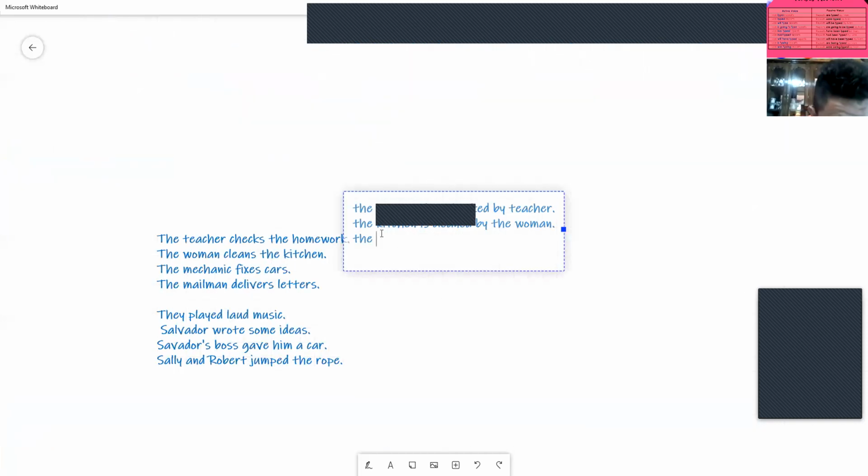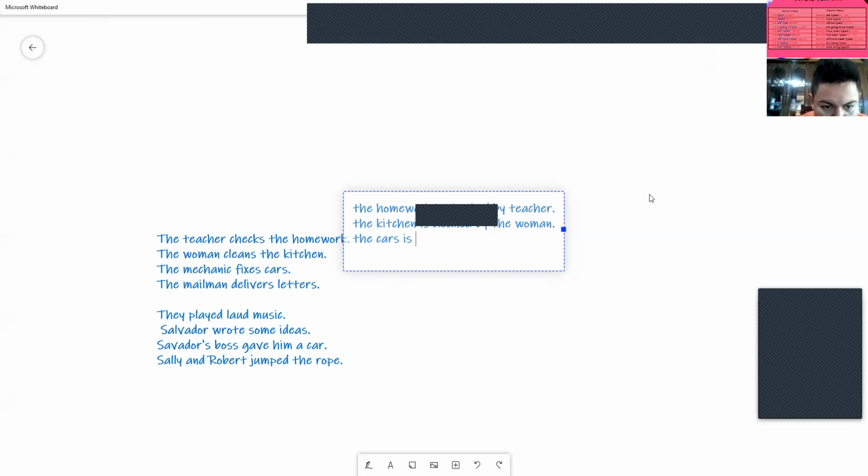Mira, the card, the cards, the card is, it's fixed.